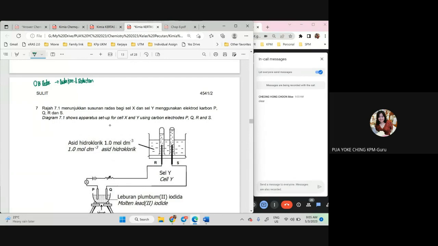And then it asks you to explain oxidation and reduction based on the 4 aspects. So kita ada 4 aspek: dari segi oxygen, hydrogen, electron, and the last one is based on your oxidation number. So that one is the beginning of chapter 1.